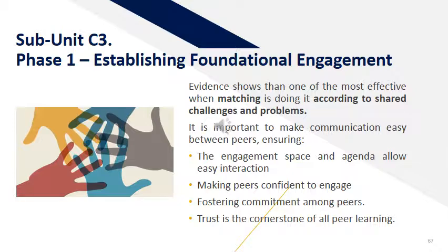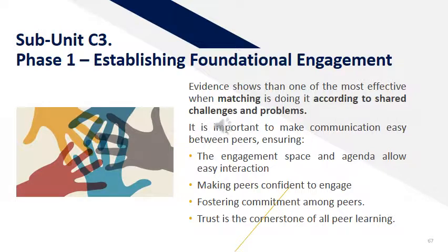One can match peers based on a variety of factors, but some stand out as more effective than others. Evidence shows that one of the most effective when matching is doing it according to shared challenges and problems. Learning also happens when matched according to the position and task or policy initiative. Peers find each other in foundational engagements when those attending engage fully, which is encouraged by ensuring that peers are motivated to attend.